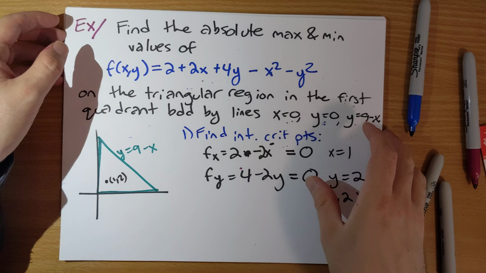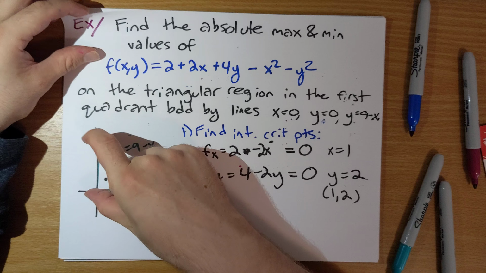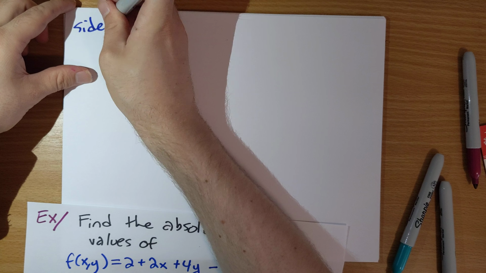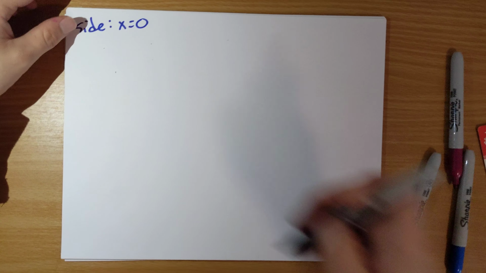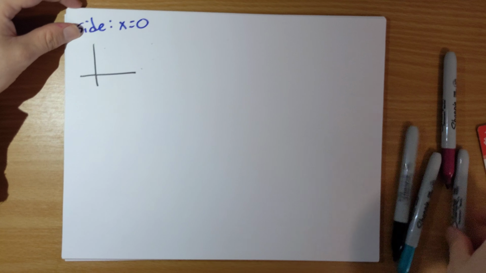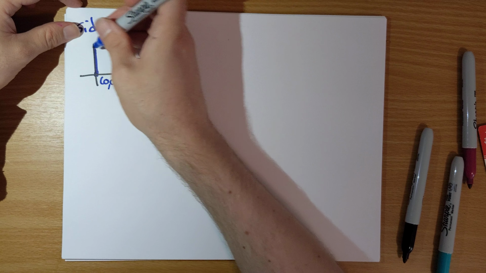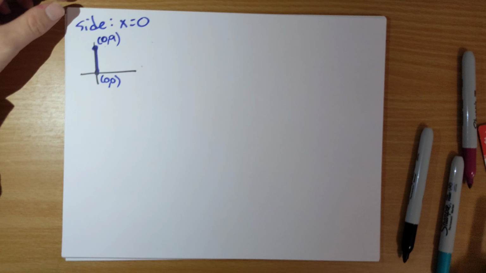Okay, so now let's go ahead and check this side here. This is the side when x is equal to 0, and this up here would be (0, 9).